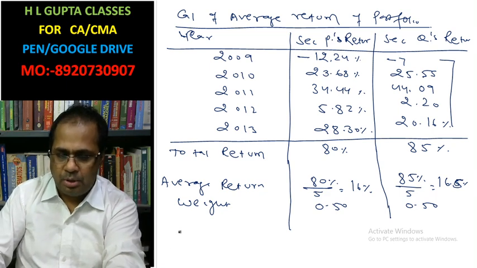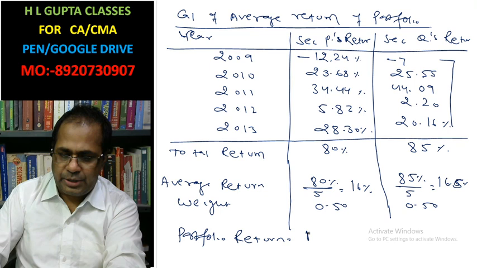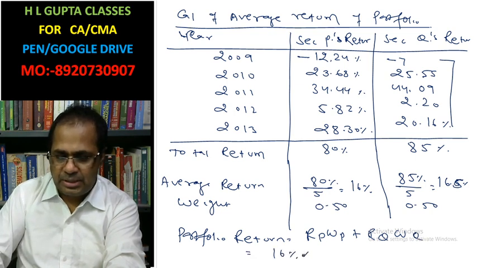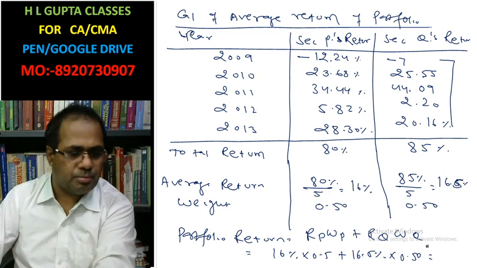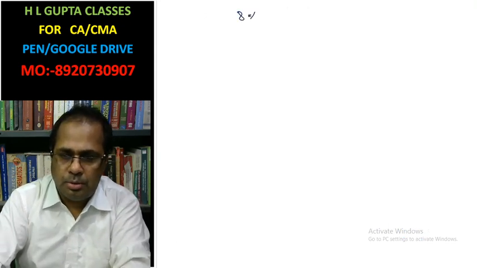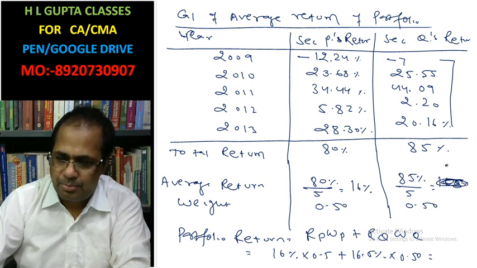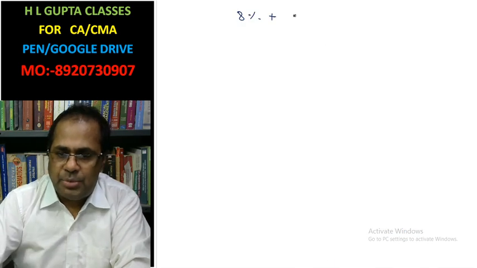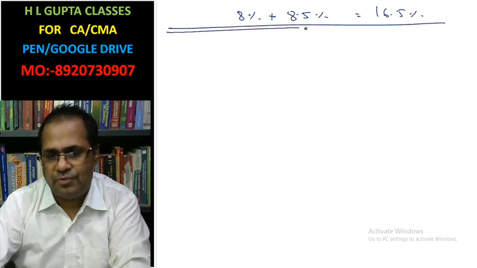Portfolio return is the return of P times the weight of P plus the return of Q times the weight of Q. The return of P is 16% into 0.5, and the return of Q is 17% into 0.5, which is 8% plus 8.5%, equal to 16.5%. This is your return.